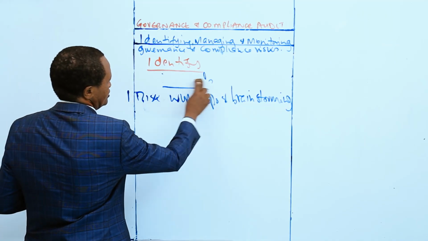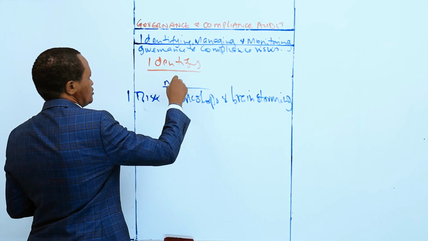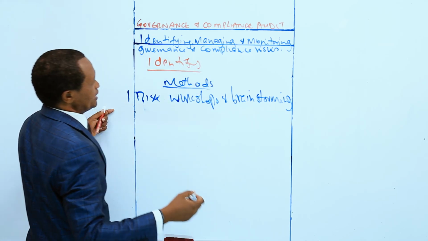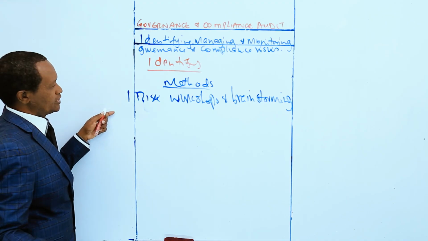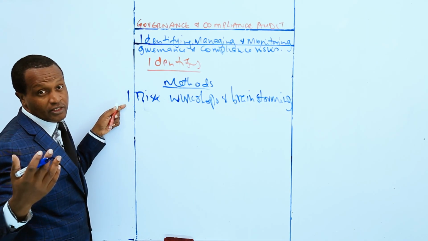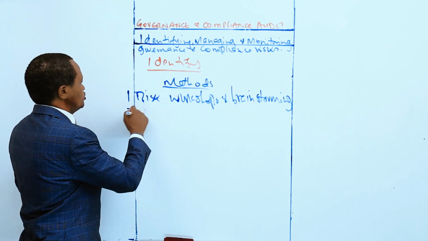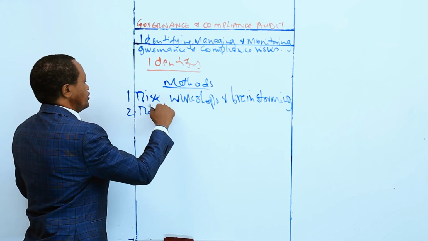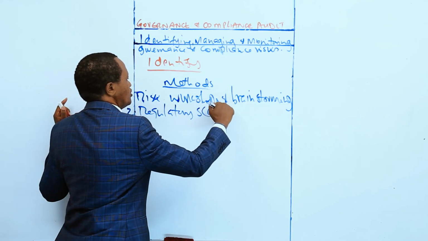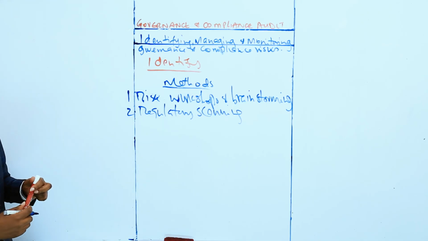Let me rewrite these candidates. We are discussing methods that can be used to identify governance and compliance risks. One method is risk workshops and brainstorming sessions. Two, conducting regulatory scanning and legal review.